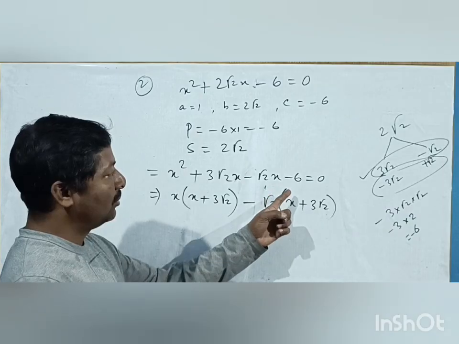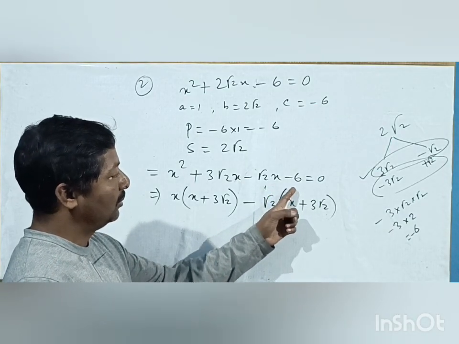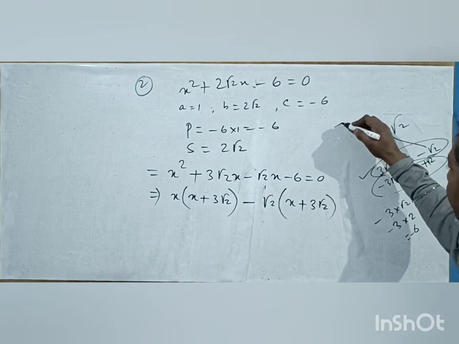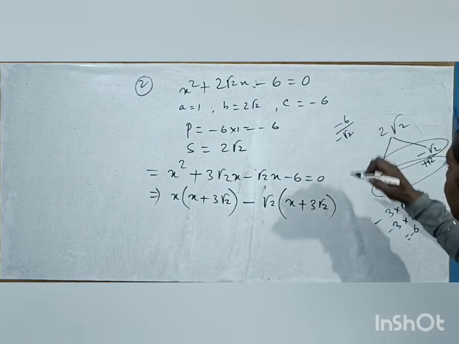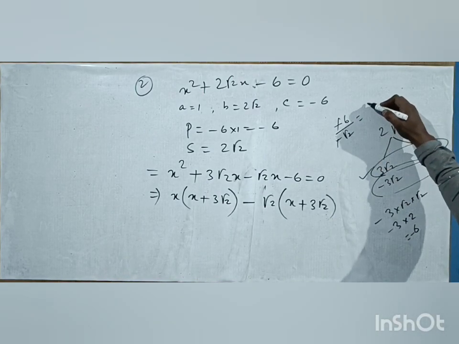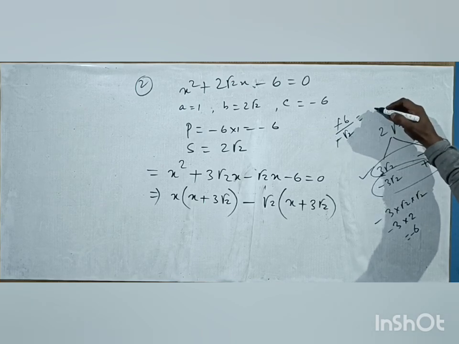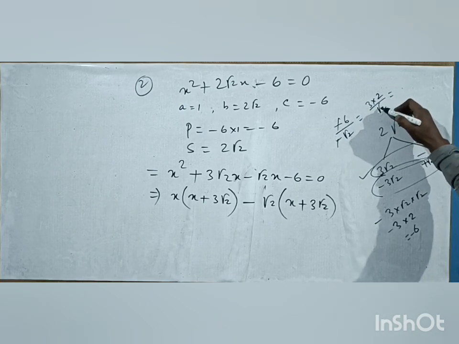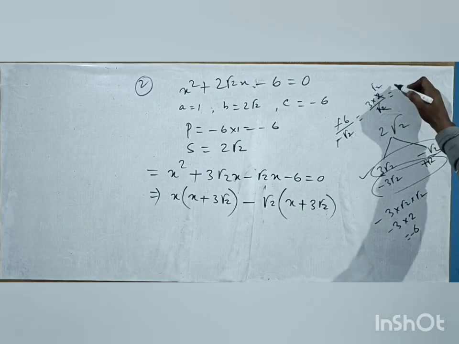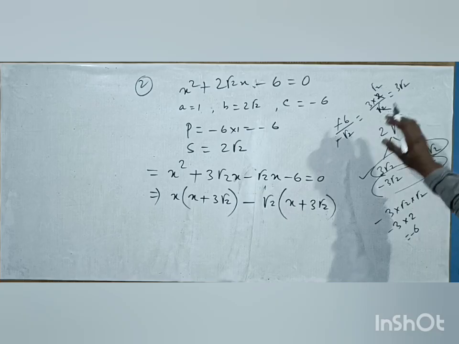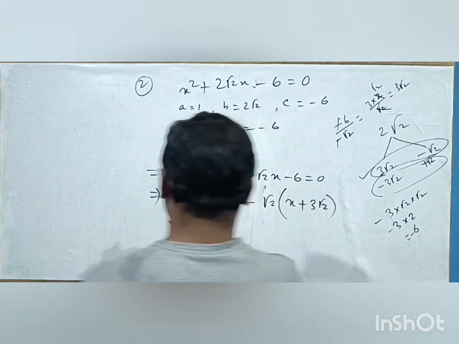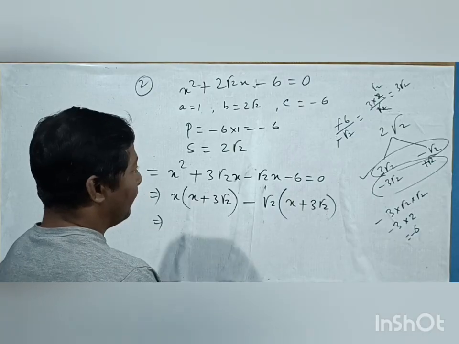And if it is not getting this product, then I will divide minus 6 by minus root 2. Cancel, 6 by root 2, 3 into 2 by root 2. Root 2 into root 2, 2. So root 2, 2, 3 root 2. So I will get 3 root 2 in this way.